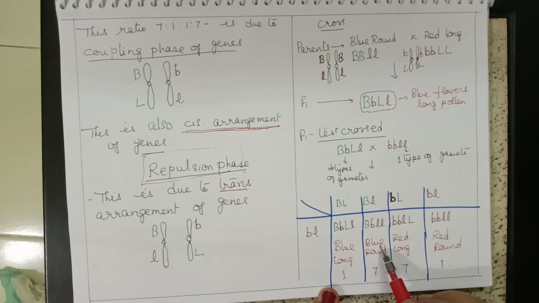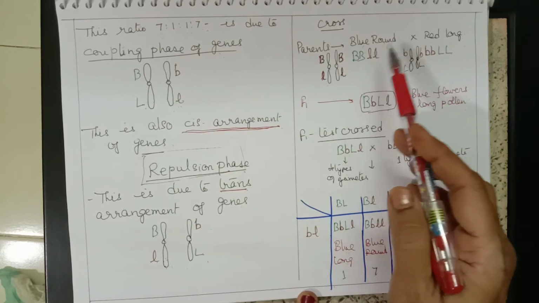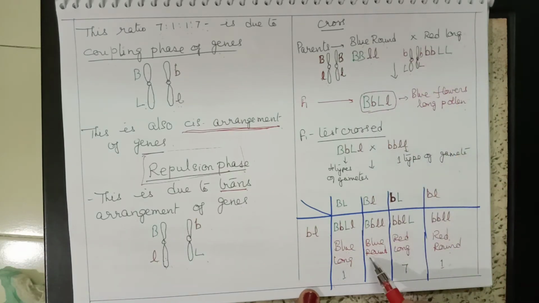So blue long, blue round, red long, red round. What is the ratio we give? 1:7:7:1. So the parents now are blue round and red long, and here we observed that parents are more. So the ratio changes to 1:7:7:1. So how do we identify a ratio?